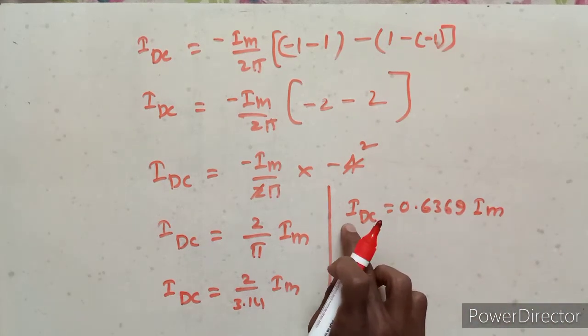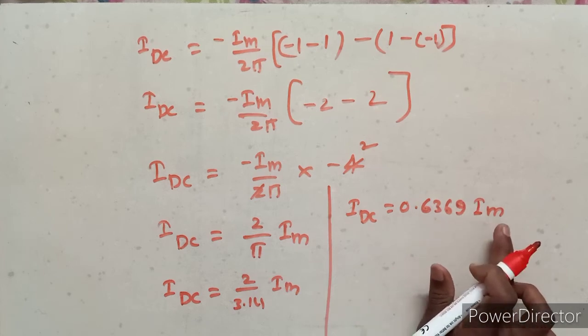So the dc value of the current equals 0.6369 into maximum current.